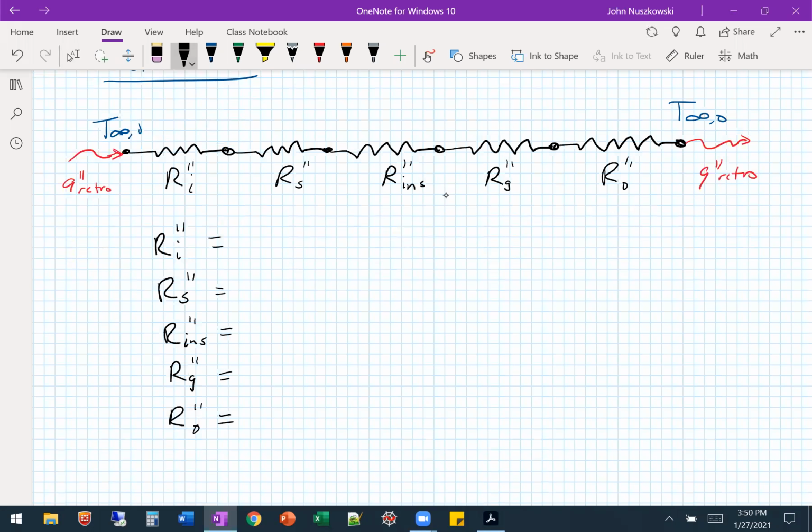All right, so these are the resistances for heat flux, so they don't have the area term in them. In this case, inner convection is just 1 over h_i. For conduction of a plane wall, we just have L over k.